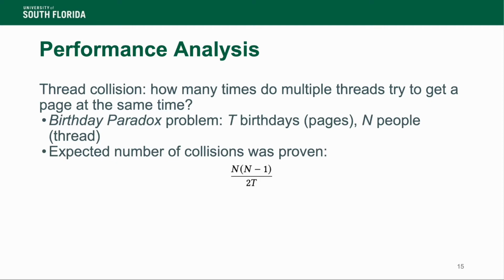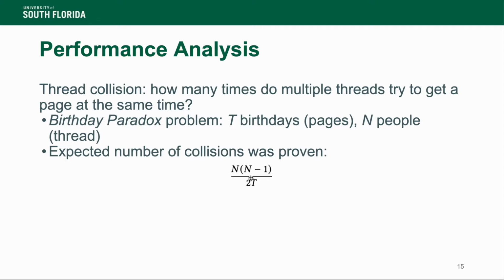In particular, the expected number of collisions, as proven by a previous study, is n(n-1)/2T. And this number should be small in a reasonable setup. Let's say with tens of gigabytes of global memory and a few thousand level parallelism in a modern GPU, we can safely assume that n is much smaller than T. For example, with 1 million pages and 5,000 threads, the expected number of collisions is only 12.5.